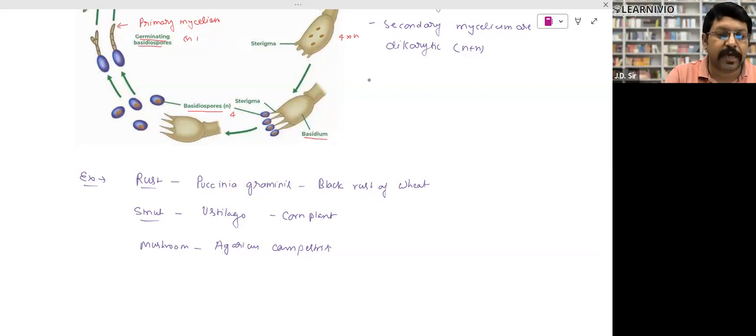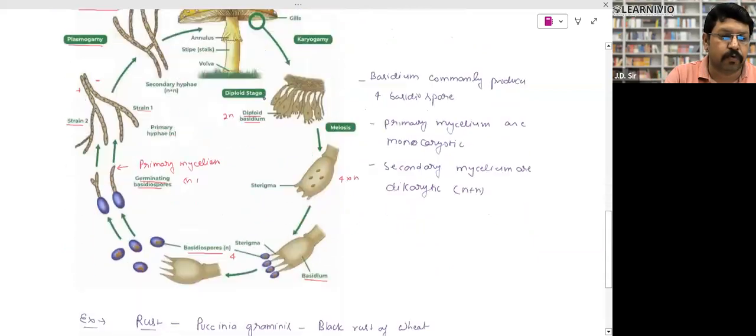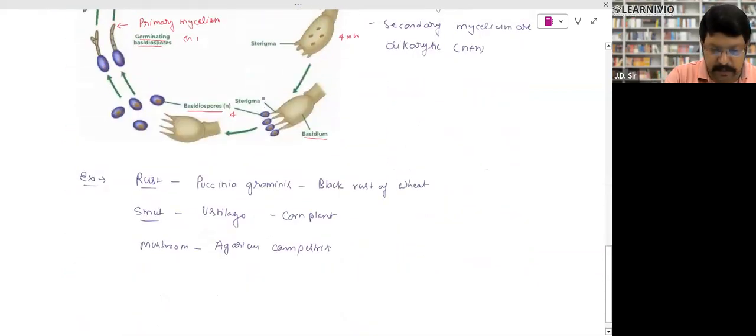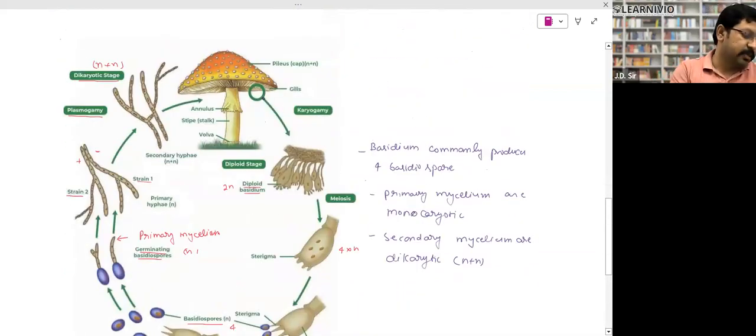Go through your fungi in your NCERT in the next 5 minutes and let me know if you have any doubt. Then I will discuss the practice questions which I have given to you as assignment. And in the next class we'll start virus and all that, right?